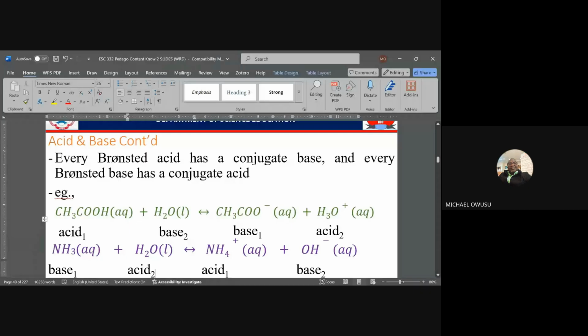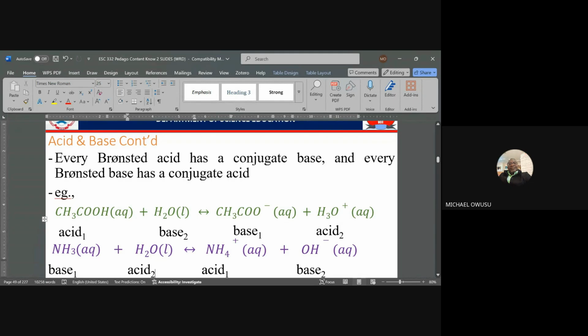In reverse, the base 1 is picking up a proton or a hydrogen from the acid 2 to yield the acid 1, and then acid 2 is giving out a proton to base 1 to become base 2.